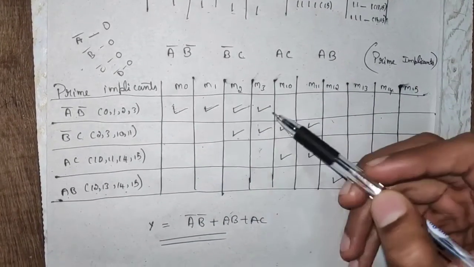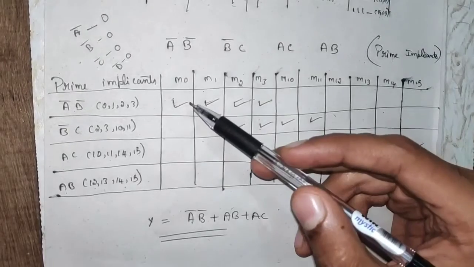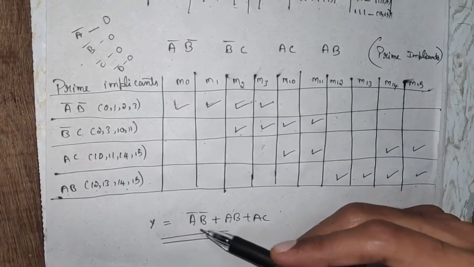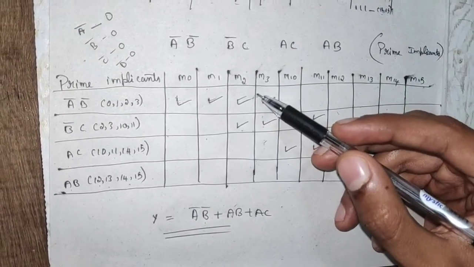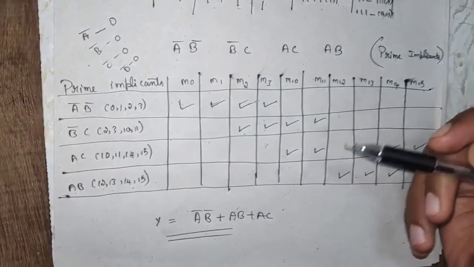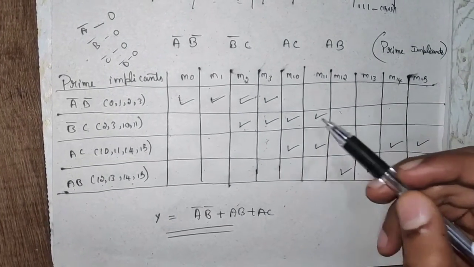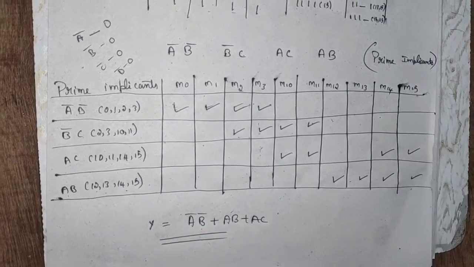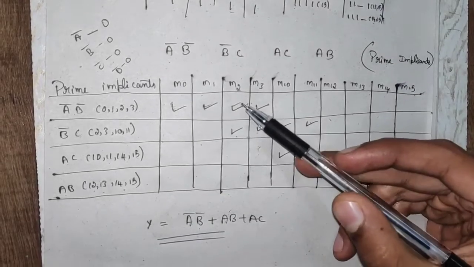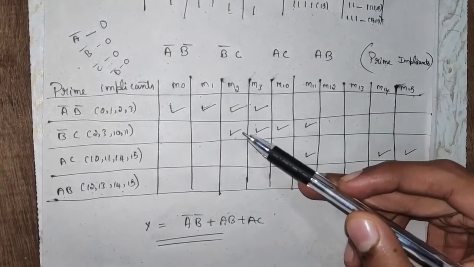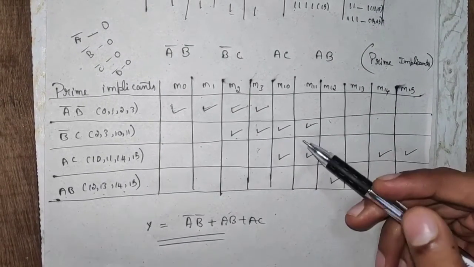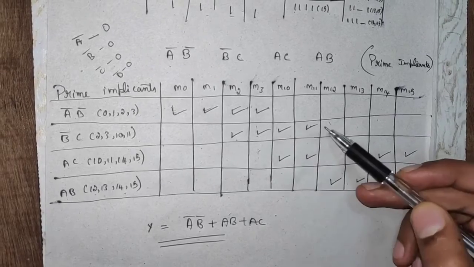So we have three common terms which should be neglected, and only one should be taken. So we have A bar B bar, and the next row is B bar C, where m2, m3, m10, and m11 are ticked. Here as m2 and m3 are common with the other row, we should neglect this row also.